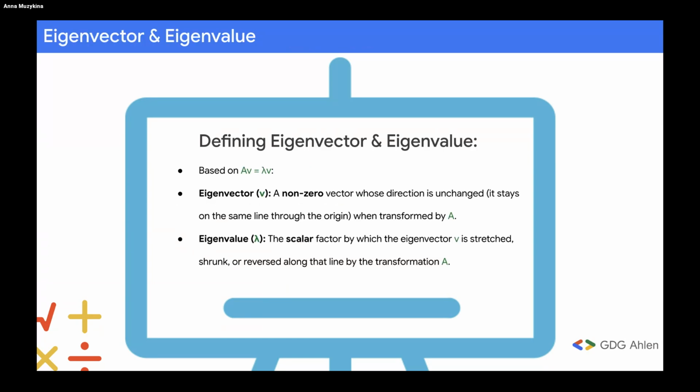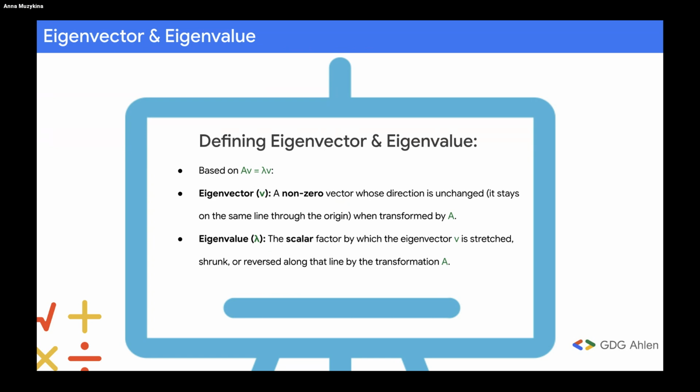eigenvectors. So, based on the defining equation, A times v equals lambda times v, let's clearly state the definitions. An eigenvector, represented by v, is any non-zero vector with a very specific property.